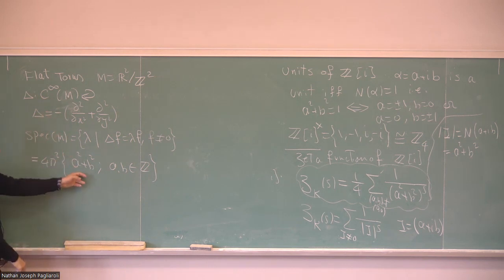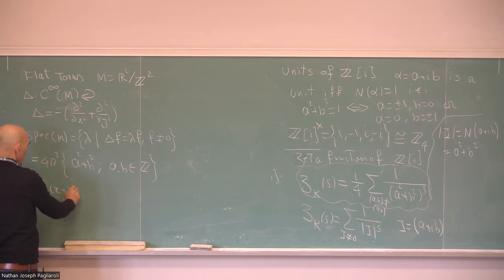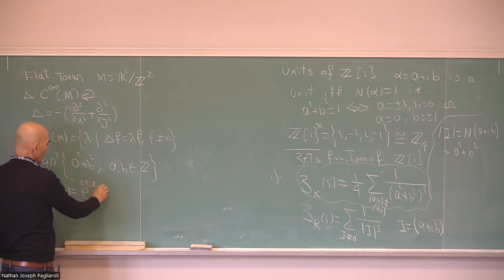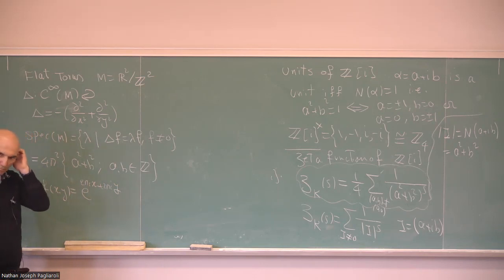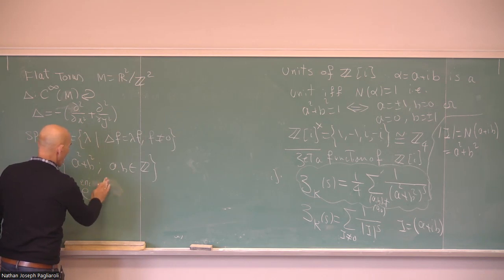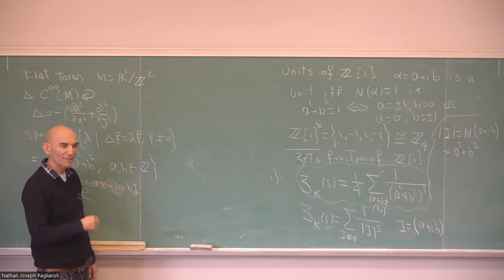You can convince yourself that these points have to be in the spectrum because there are these eigenfunctions f(x,y) equal to e to the 2 pi i a x plus 2 pi i b y, for all integers a and b.